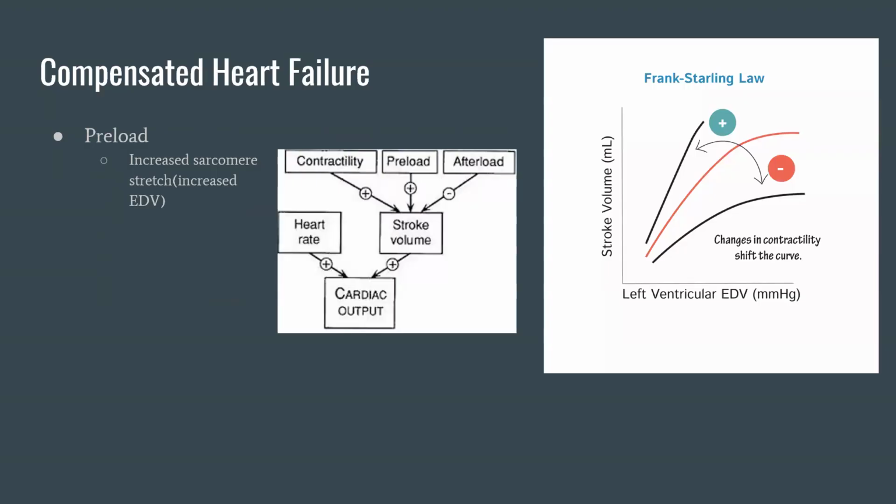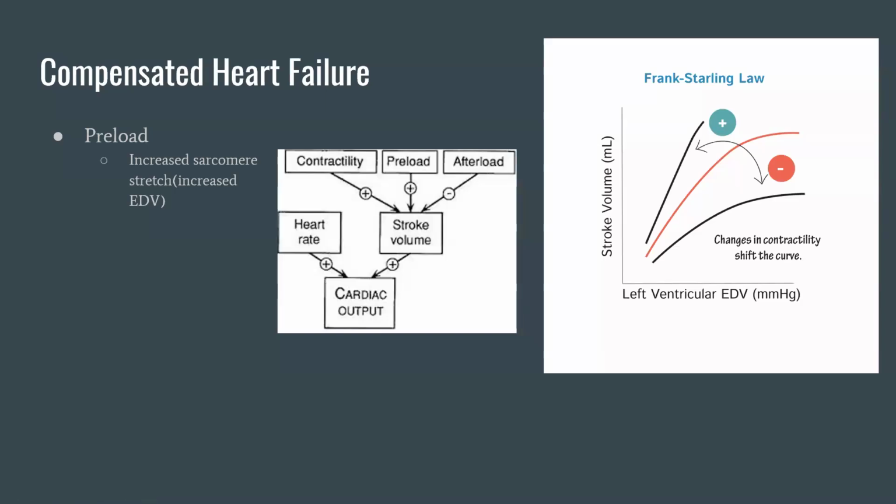So for preload, this is just another reminder that cardiac output is dependent on heart rate and stroke volume. Stroke volume is dependent on contractility, preload, and afterload. What are some examples of problems with elevated afterload? Hypertension, what else? Severe aortic stenosis, right?